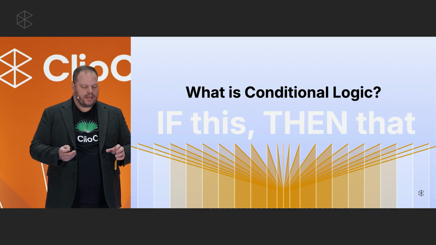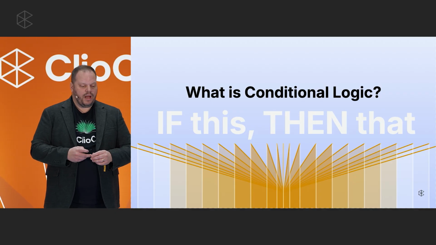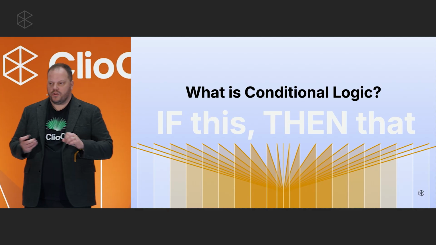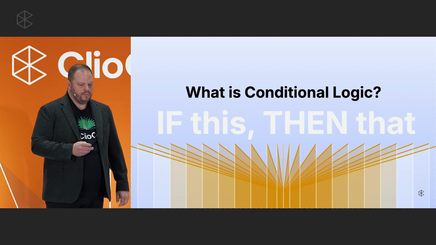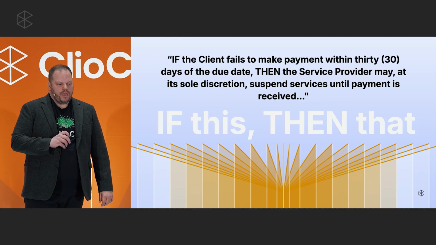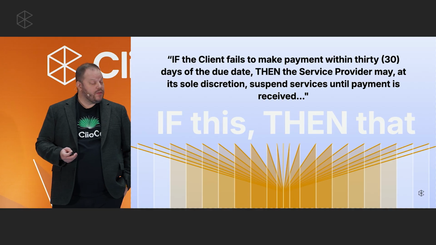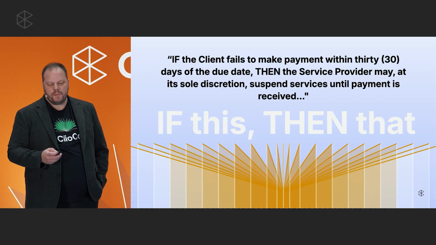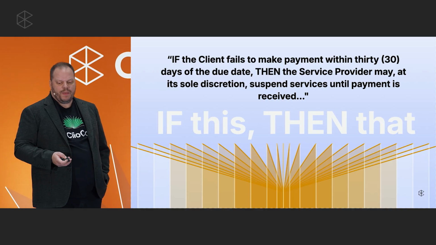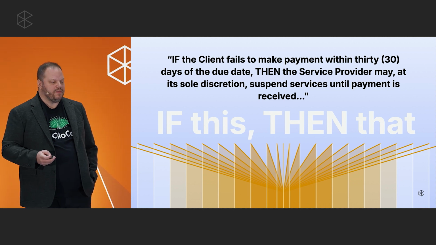Okay, so in the context of, say, a legal clause that applies when certain conditions are met, let's go through an example here. If a client fails to make a payment within 30 days of the due date, then the service provider may, at its sole discretion, suspend services until payment is received.